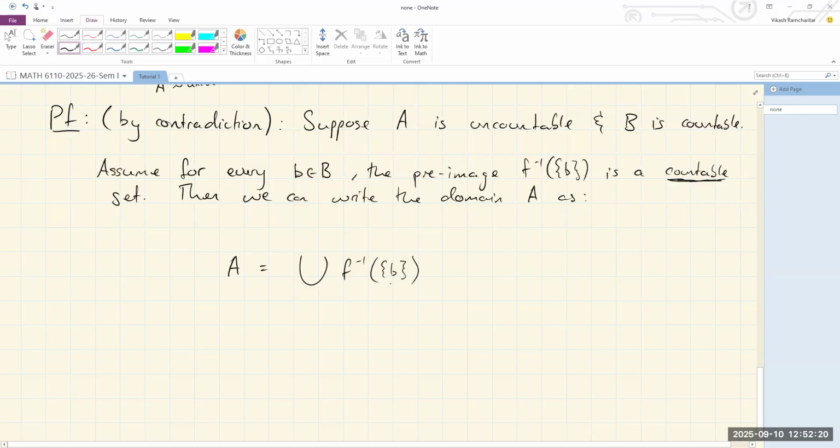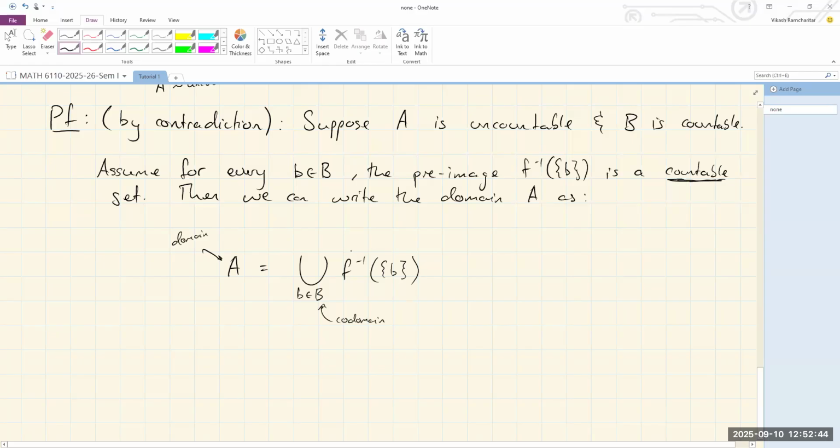So I'm going to take the pre-image of every single element in B and union all of those together, ranging over every single element in B. Okay, and by doing that, we could reconstruct the domain, right? So A, of course, is the domain, and B, of course, is the codomain.